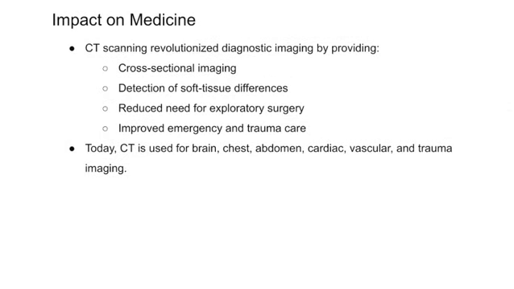CT scanning revolutionized diagnostic imaging by providing cross-sectional imaging and detection of soft tissue differences, reducing the need for exploratory surgery, and improving emergency and trauma care. Today CT is used for the brain, chest, abdomen, cardiac, vascular, and even trauma imaging.